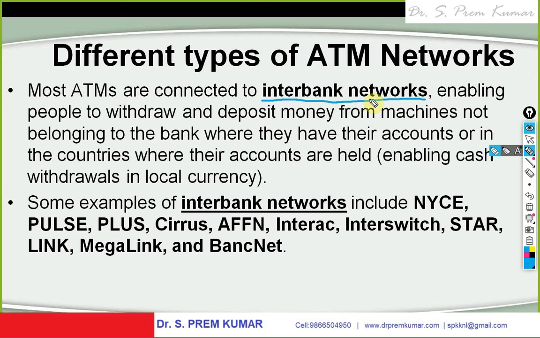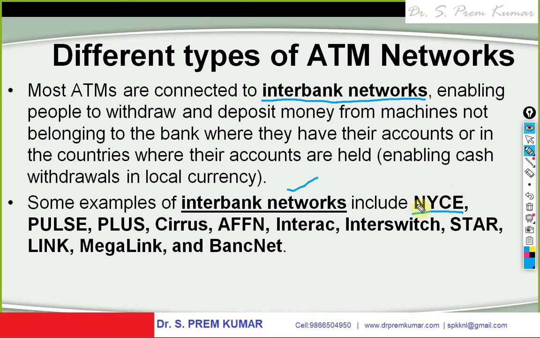In order to have interbank networking, there are some agencies to establish the communication between the different banks and the different ATM machines. One of them is NYCE. It is one of the organizations which establish the communication and see that the communication goes on well.